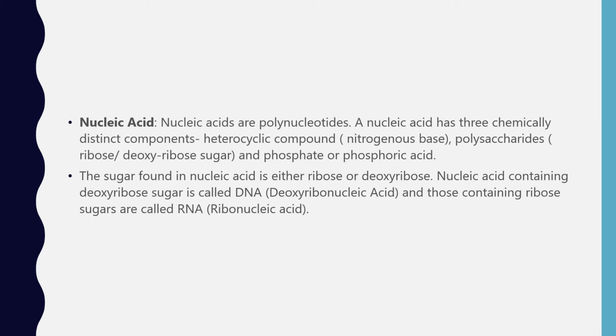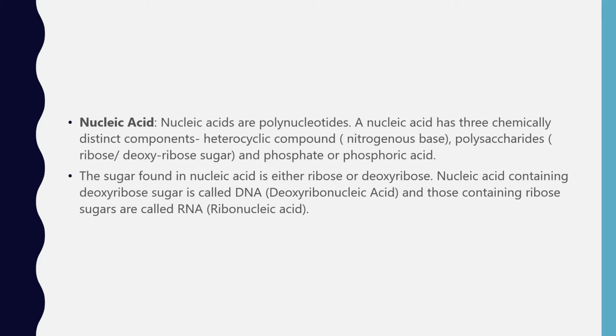And the sugar which is found in the nucleic acid will be either ribose or deoxyribose. ठीक है, three components है nucleic acid के: nitrogenous base, ribose sugar which is a pentose sugar, and phosphoric acid. And the sugar may be either ribose or deoxyribose.